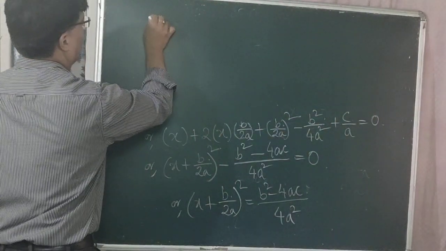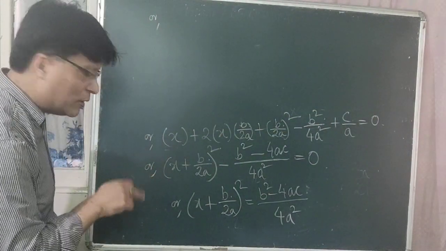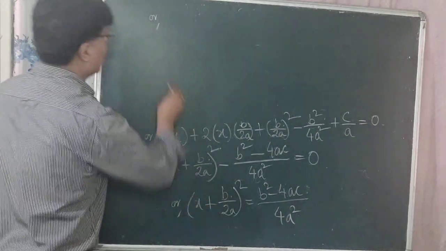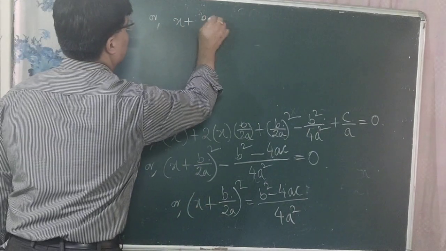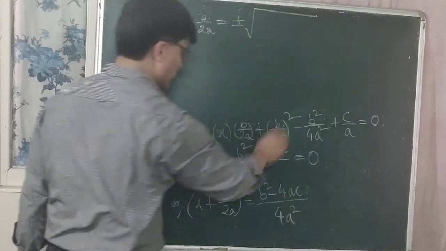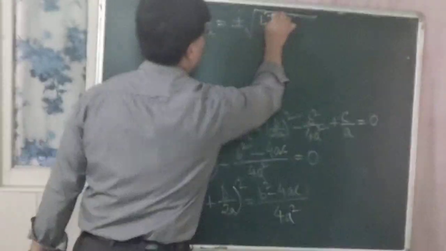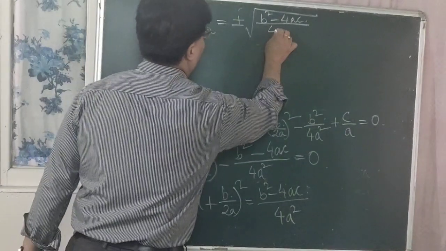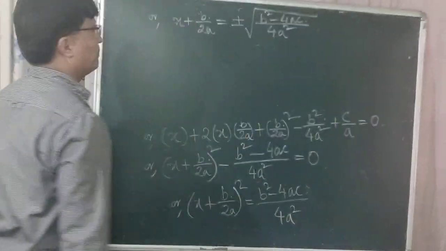Next, now you have to find out only the value for x. So first of all, you have to get the value for x plus b by 2a. x plus b by 2a is equal to plus minus root over b square minus 4ac whole divided by 4a square.